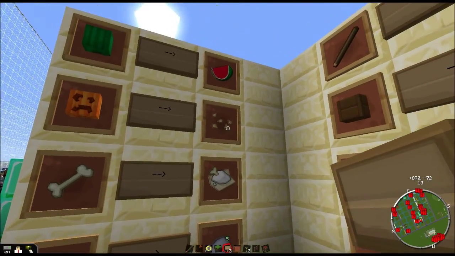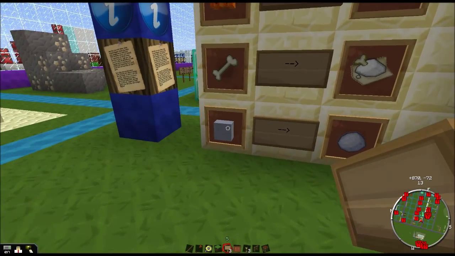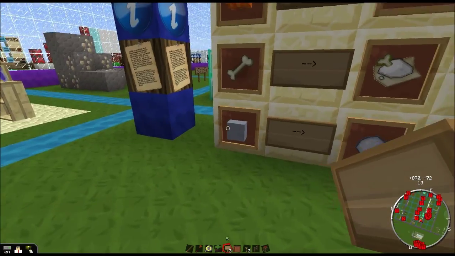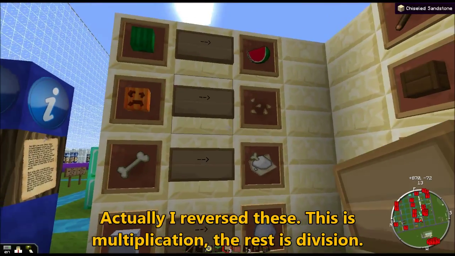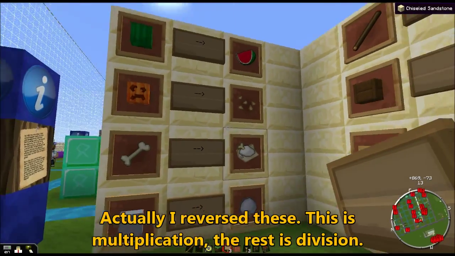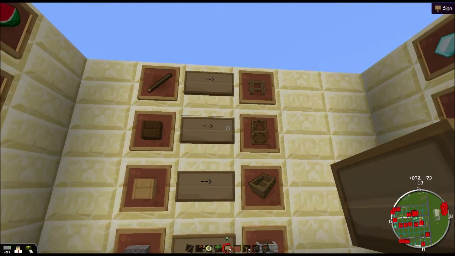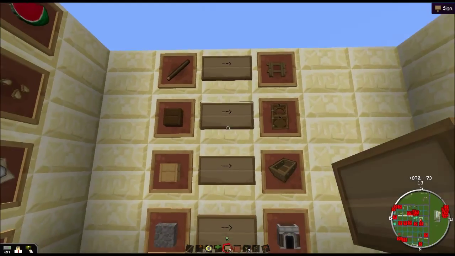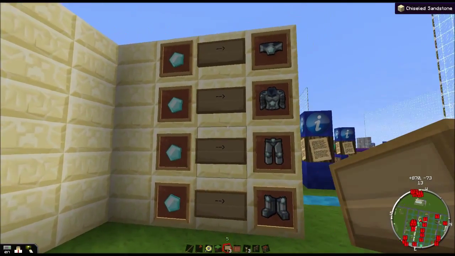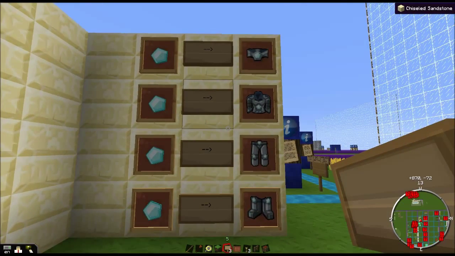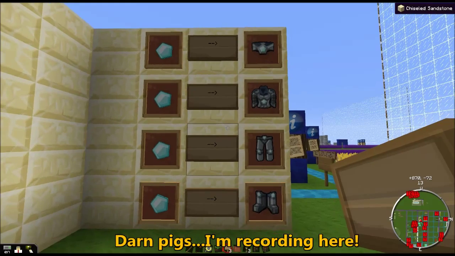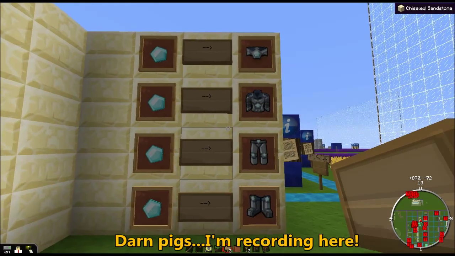Pumpkins get broken down into seeds. Clay blocks get broken down into clay balls. So this would work with division. Sticks into fence is, of course, multiplication. And of course, everyone likes to play with their armor, so having the kids work on armor might be a great idea to help keep them motivated.